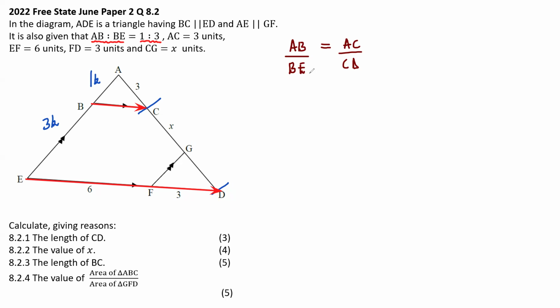So AB over BE, prop theorem, is equal to AC over CD.